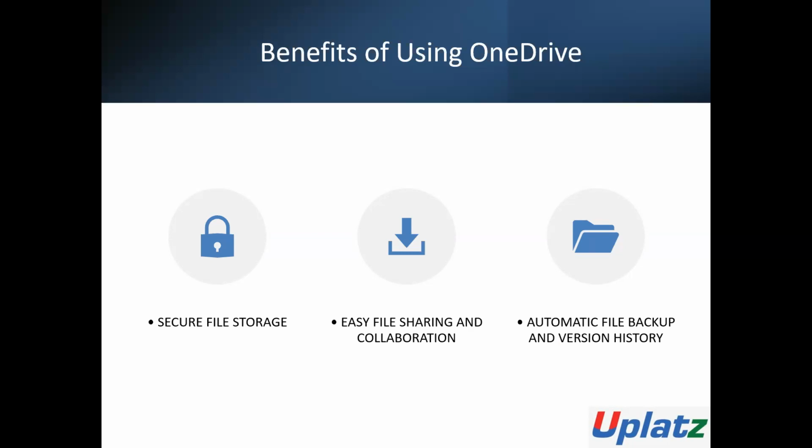The second benefit is easy file sharing and collaboration. The third point is automatic file backup and version history. These are the three benefits of using OneDrive, and this is what we have discussed in this lesson.